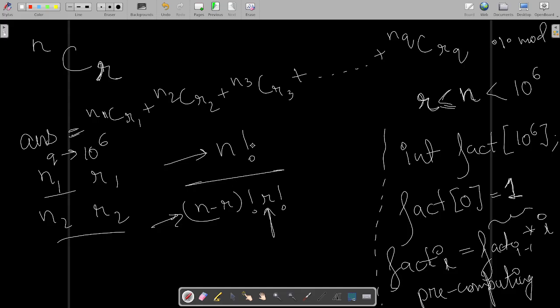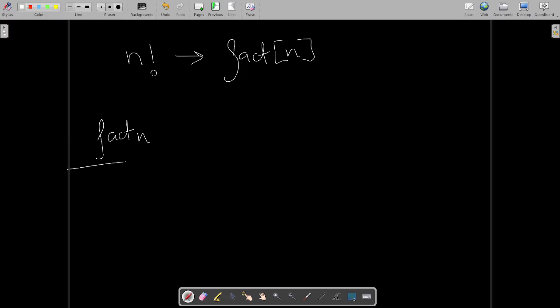Now how do you calculate it? I'll take a new page. n factorial, you can get by factorial of n, similarly the others. So basically this becomes factorial of n, factorial of n minus r, factorial of r. How can you write this?